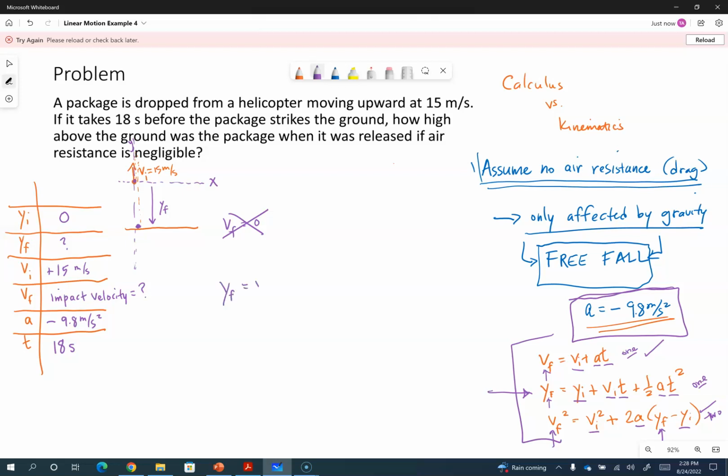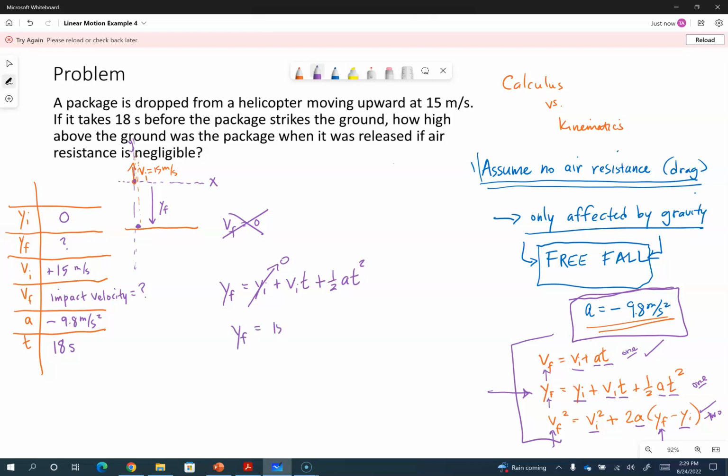So as usual, we want to write out the equations that we are going to use symbolically so we can represent what we're doing. I do plug in zeros. So because we have defined y initial to be 0, I'm going to go ahead and cross that out. We're solving for y final. We can go ahead and plug that in.